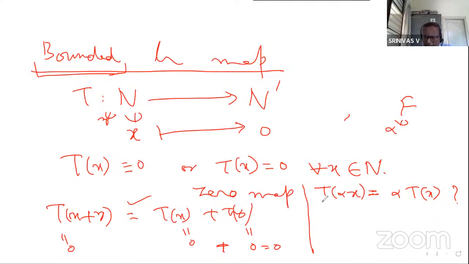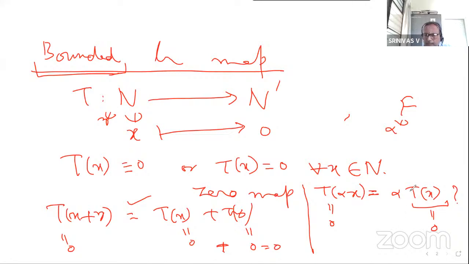The image of any element is 0. This is 0, and similarly T of x is also 0. For any element x, whether it is x, alpha x, x plus y, or alpha y, every T image is 0. If you multiply 0 by alpha, you can show that the product is 0.